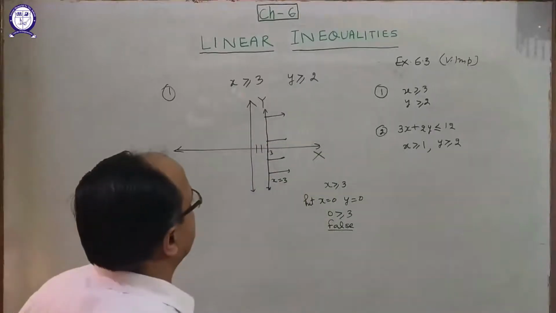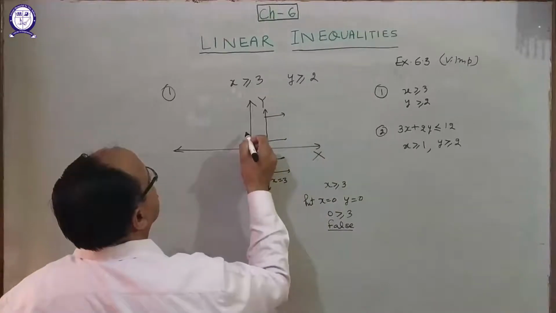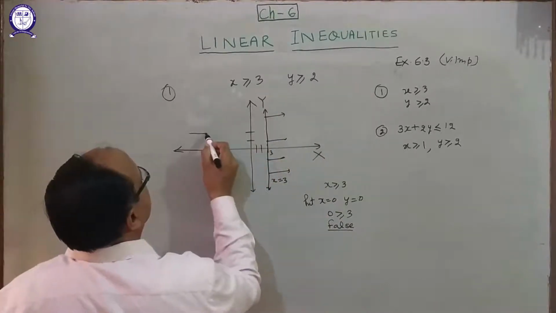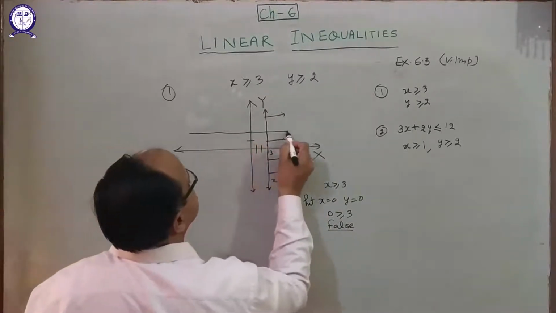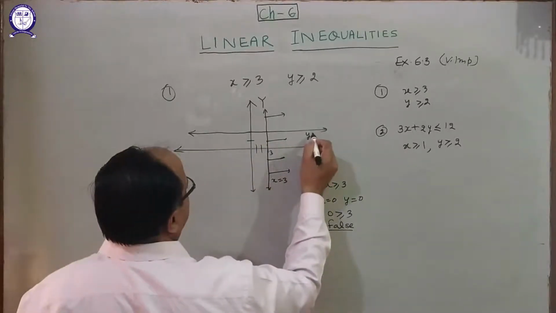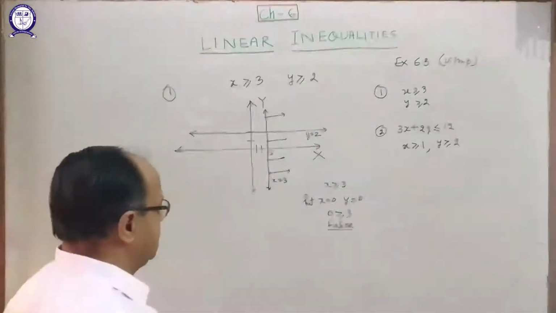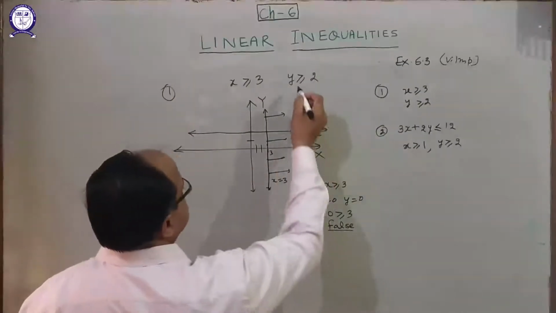Correct? And second, y is equal to 2. The line parallel to the x-axis.